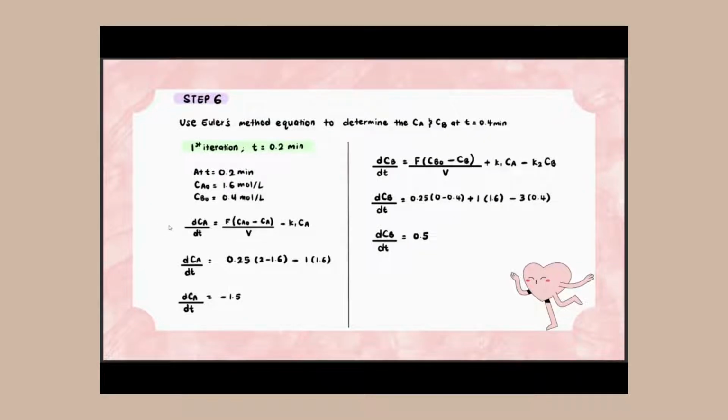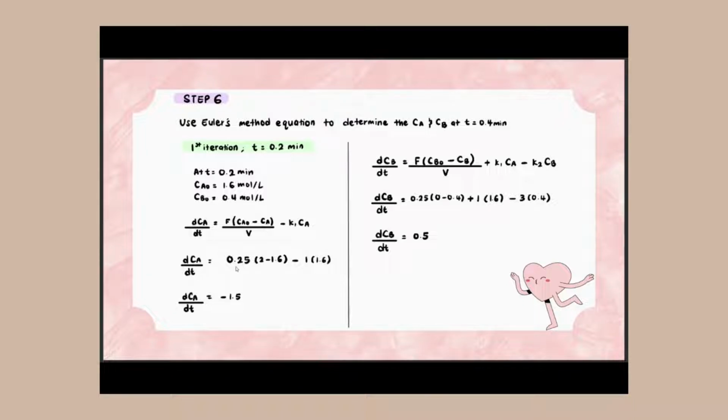Next, for step 6, we still use Euler's method equation to find our Ca and Cb at t equals 0.4 minute. We will firstly proceed with the same value that we have at t equals 0.2 as our Ca naught, and then with the same formula, we will find dCa over dt.